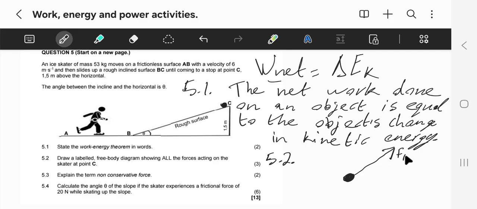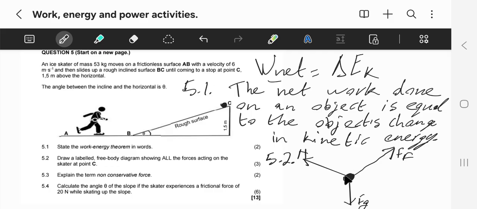This will be our friction, and we will have our gravity. Because I'm not using a ruler, guys, my drawing will not really be too straight, and our normal force will look something like that. And that's how our free body diagram is supposed to look.